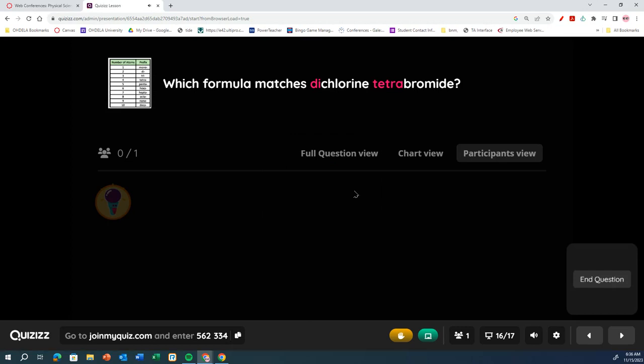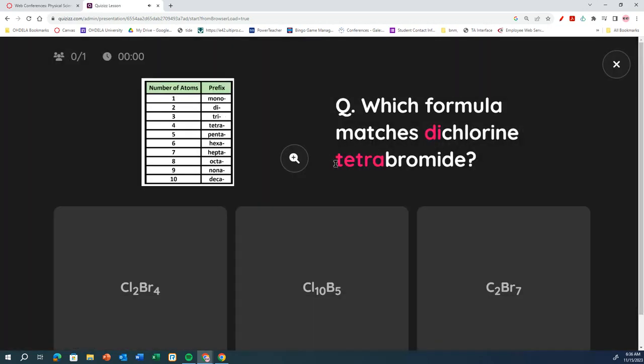This formula matches dichloride, tetrabromide: di means 2 and tetra means 4, so 2 chlorines and 4 bromines.